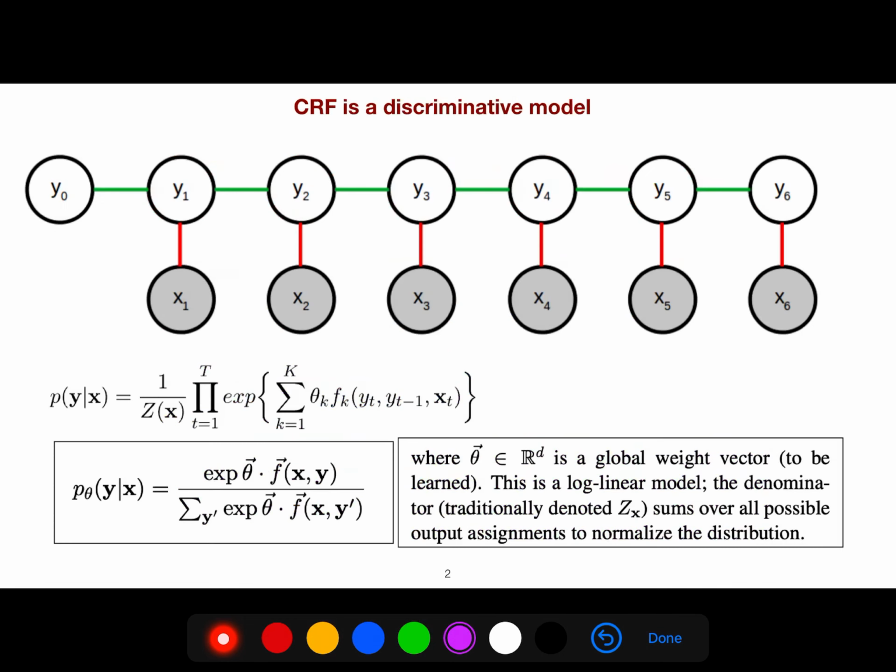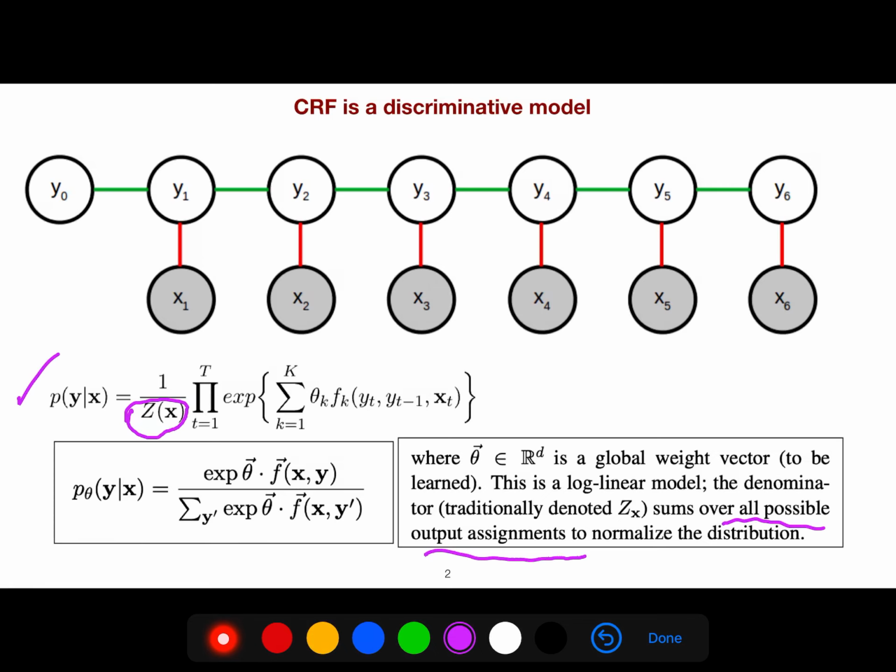So CRF is a discriminative model, and the probability of your latent variable given your observation x is equal to this log likelihood, and we normalize it with this normalization constant, also called the partition function in physics. And theta is the global weights vector, and the denominator sums over all possible output assignments.